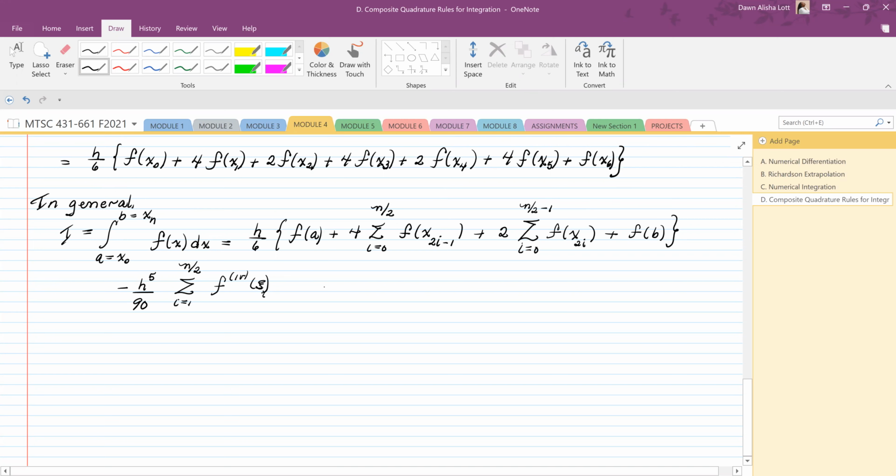And here h again is b minus a over n. Why am I confused? h is b minus a over n. Is it 3 or 6? It's making me mad. I'm going to have to go back and look.